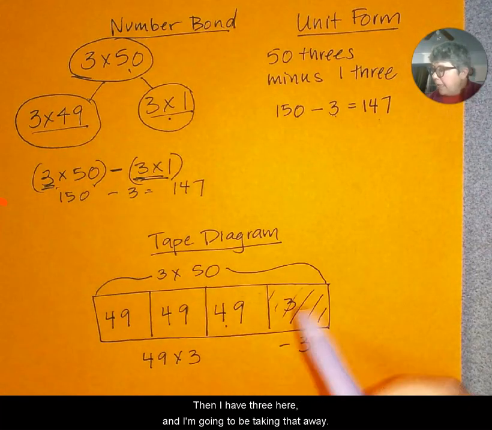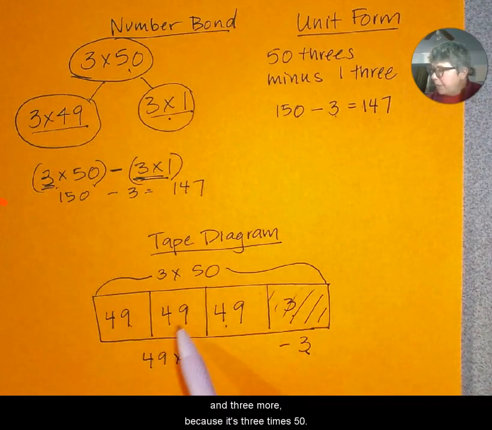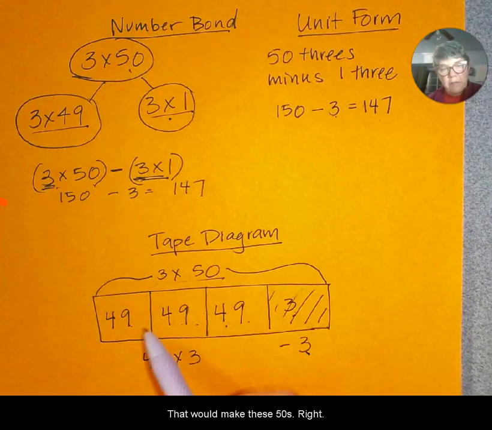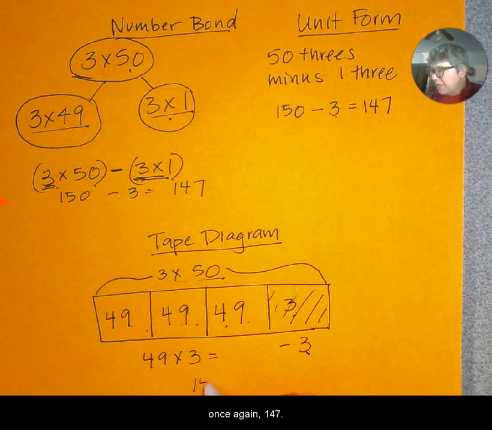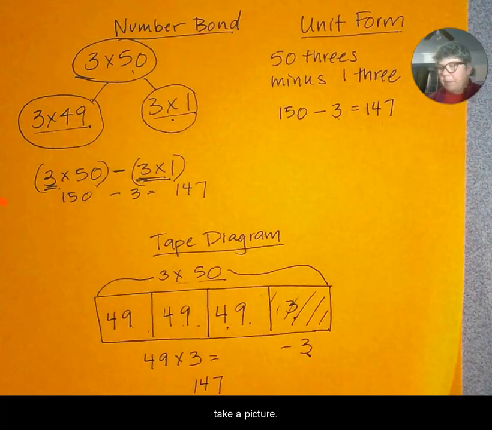And then I have 3 here, and I'm going to be taking that away. Okay, so you see 49, 49, 49, and 3 more because it's 3 times 50. That's my 3 that would make these 50s, right? But I'm taking it away because that's going to be, once again, 147. Okay, take a pause, take a picture.